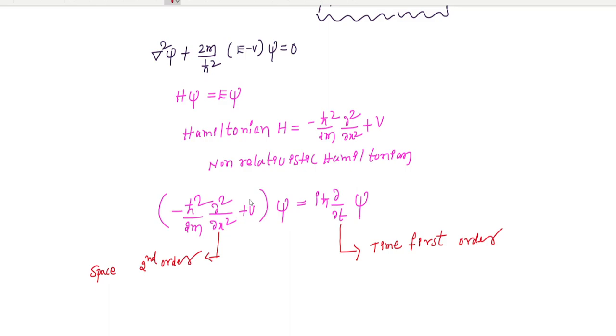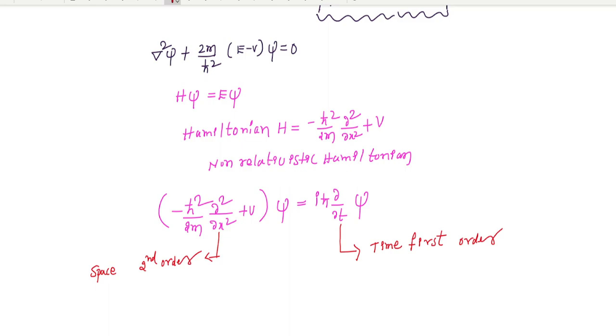So first, this problem is highlighted by Schrodinger. He suggested two ways to obtain the relativistic wave equation. First point, he suggested to use a relativistic Hamiltonian for a free particle in place of the non-relativistic case.